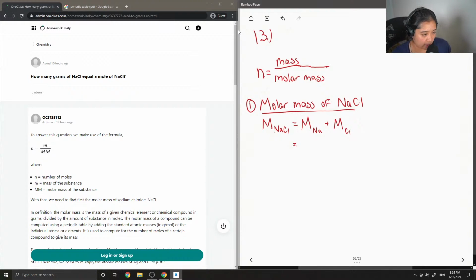So on the periodic table, we'll find that the molar mass of sodium is 22.99 grams per mole, and the molar mass of chlorine is 35.45 grams per mole. Adding these values up gives us a molar mass of around 58.44 grams per mole.